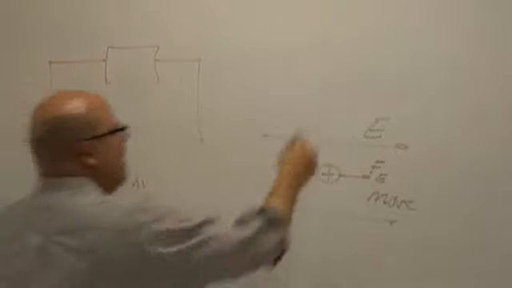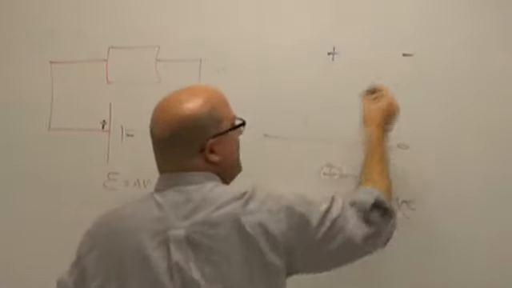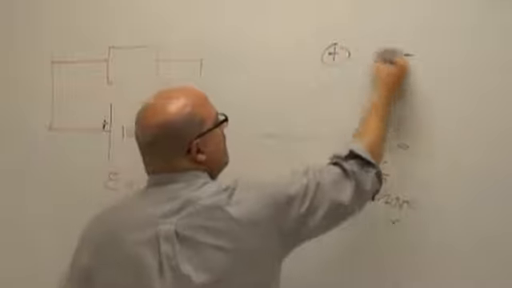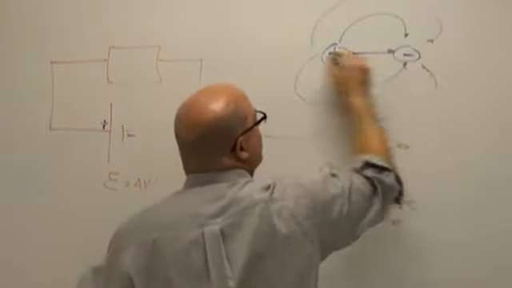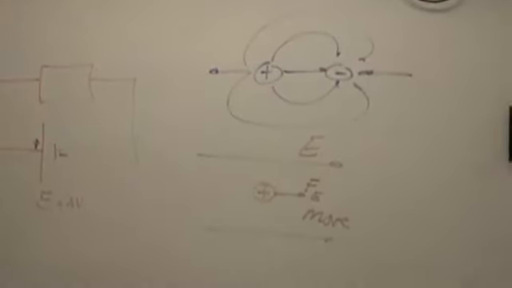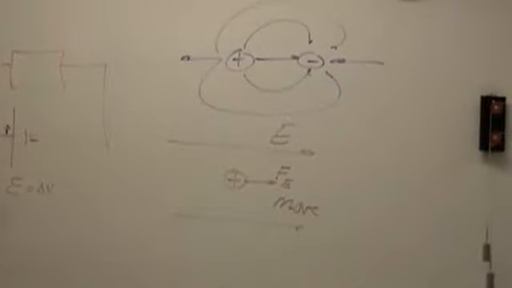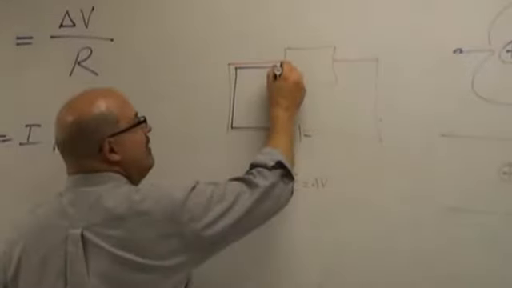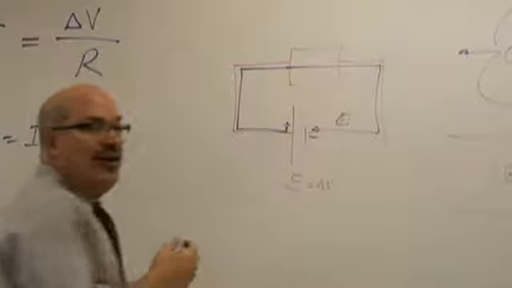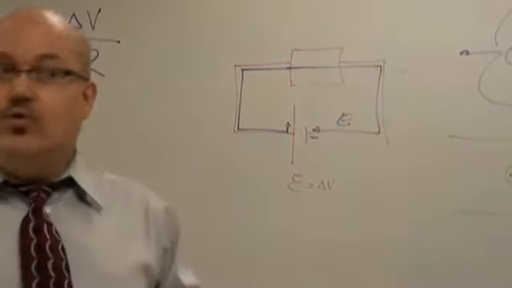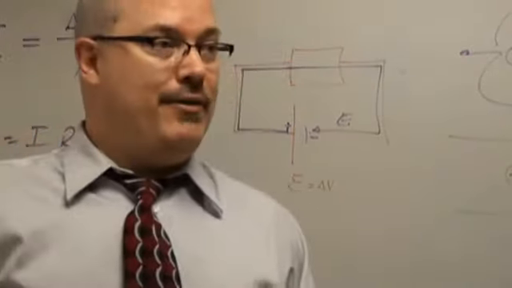So wait a minute. How does an electric field work? If I had a positive and a negative, what would an electric field look like? You would go out of the positive and into the negative, right? But we have a conducting path here. So how does our electric field work? It follows the conductor. It goes out of the positive, follows the conductor, and goes through the conductor along the path.